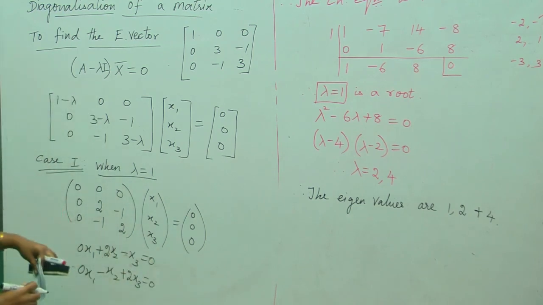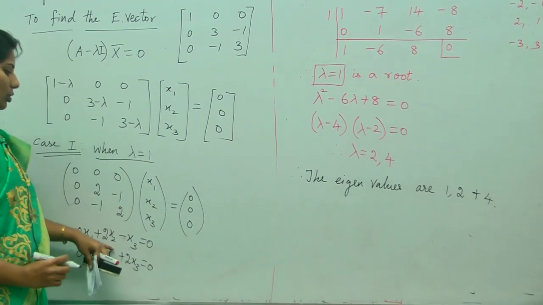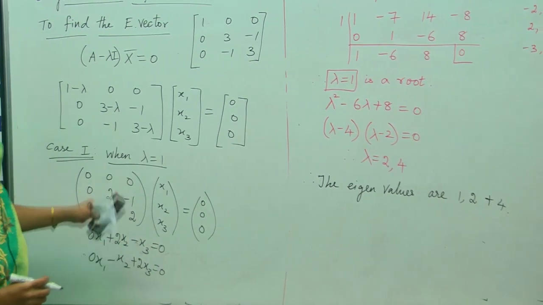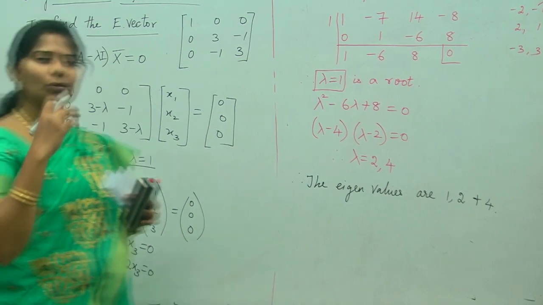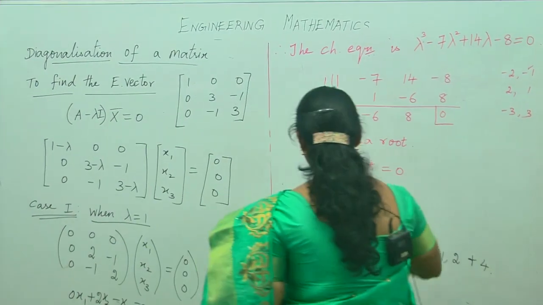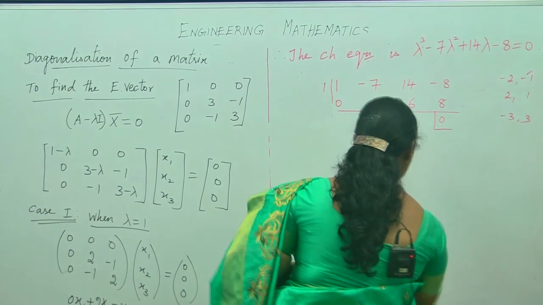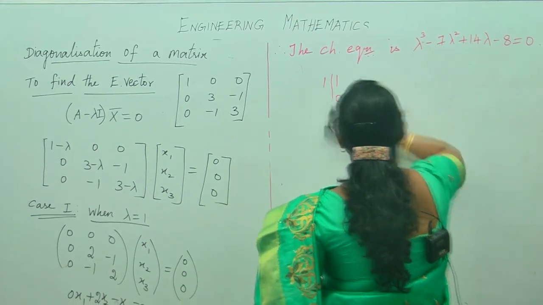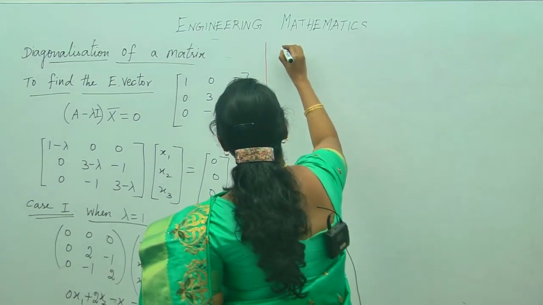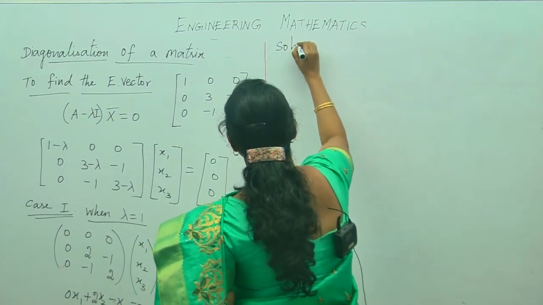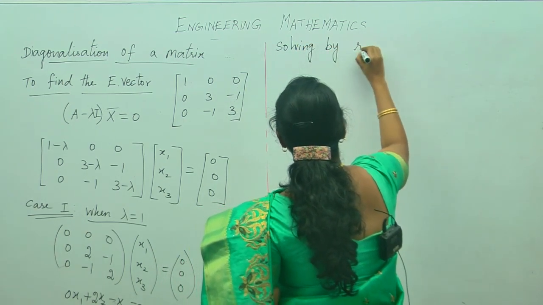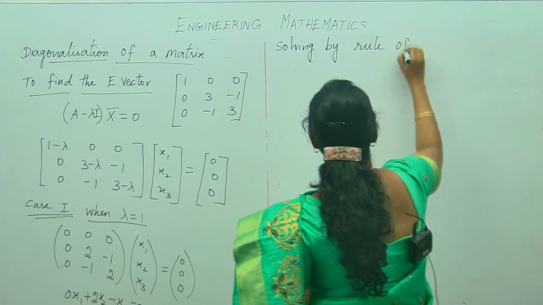Now, here the assumption method is not possible because you may get fractions. In that case, to avoid fractions, I am going to do it by the rule of cross multiplication. Solving by rule of cross multiplication.